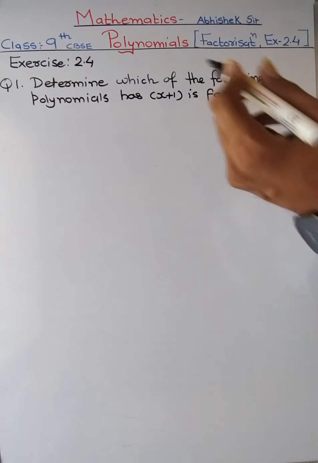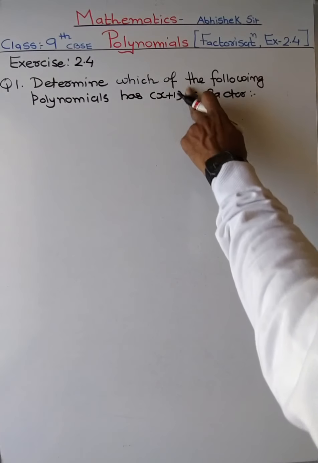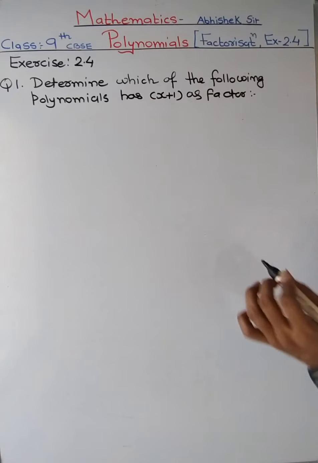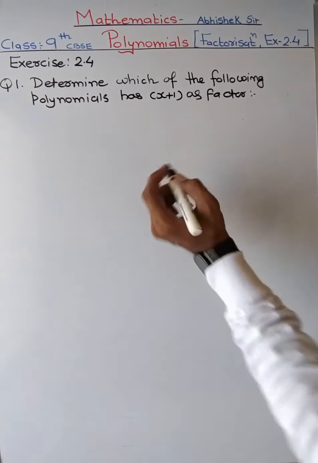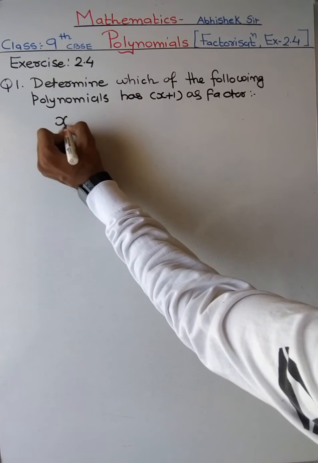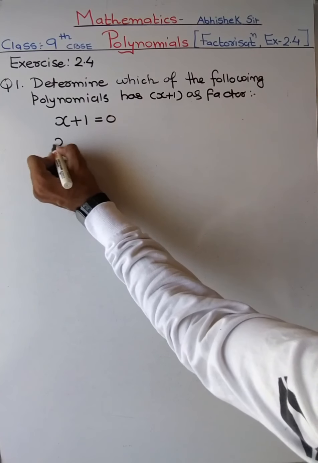In this we have question number 1. Determine which of the following polynomials has x plus 1 as factor. So they have given 1, 2, 3 and 4 polynomials. One by one we have to check for all 4. Before we start with question number 1, let us see by factor theorem what we have to do.